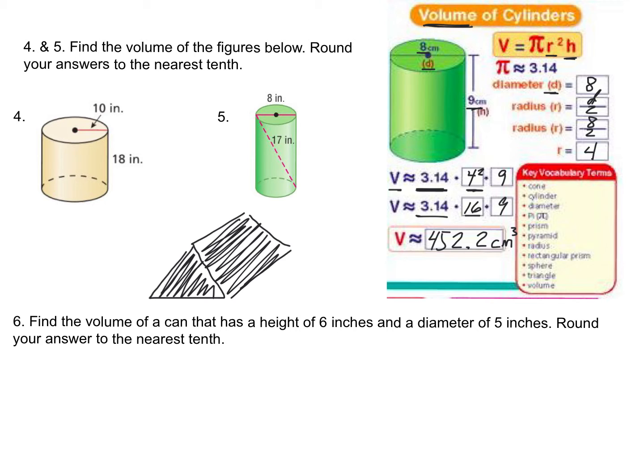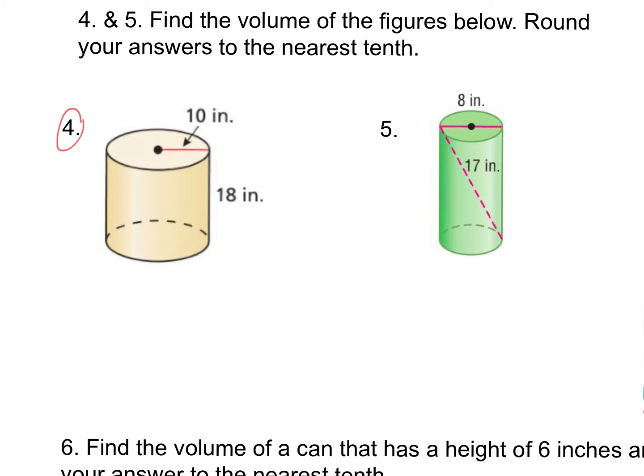So now let's see if we can apply this formula to our next two examples. So starting with number 4, let's just jot down the information that we are given. So it looks like the radius of my cylinder is going to be 10 inches, and the height of my cylinder is going to be 18 inches.